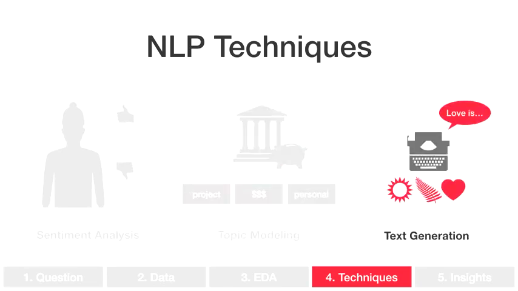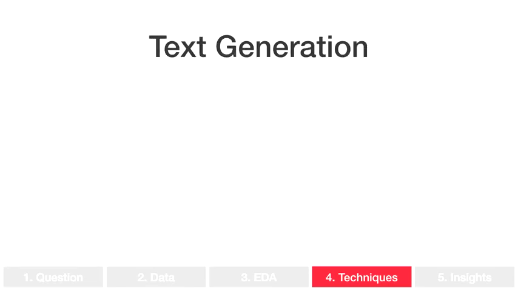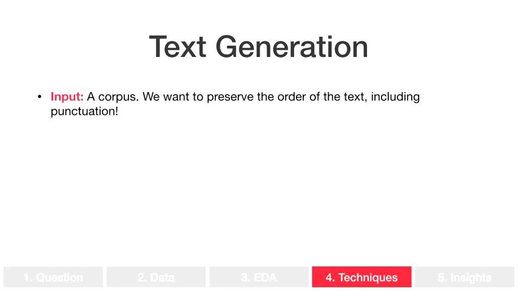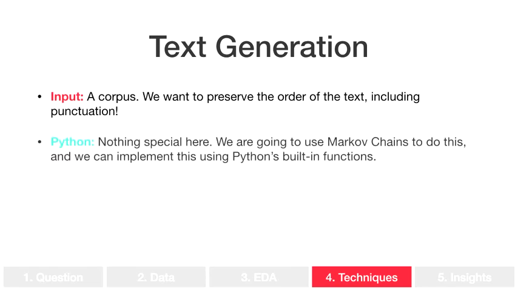We have about 7 minutes left, and I'm not going to go through this one in detail, but I think it's pretty cool. Text generation: your input is a corpus. Order matters, because you're trying to figure out what the next word is. There's nothing special in Python that we're going to do here for text generation.